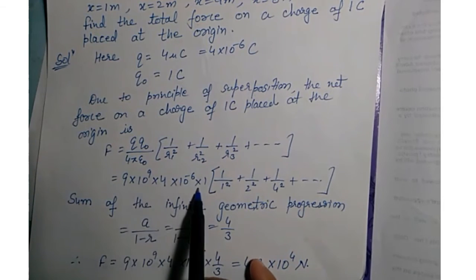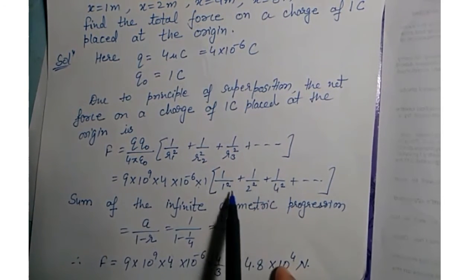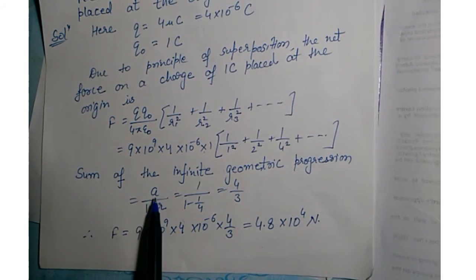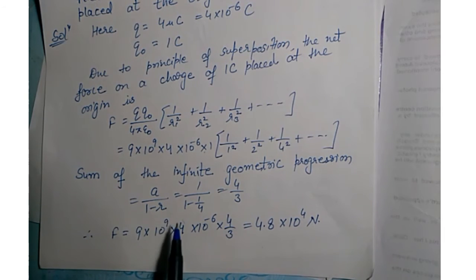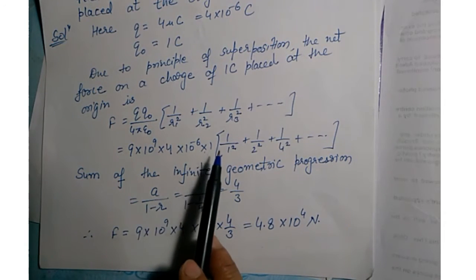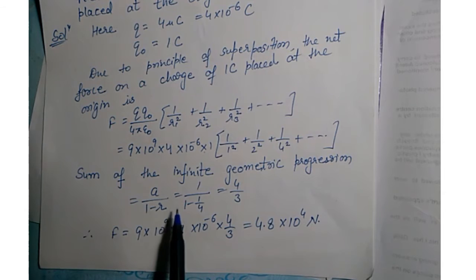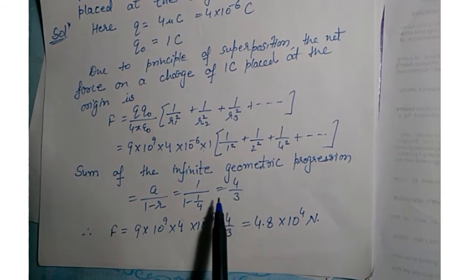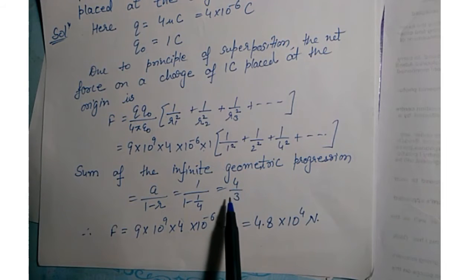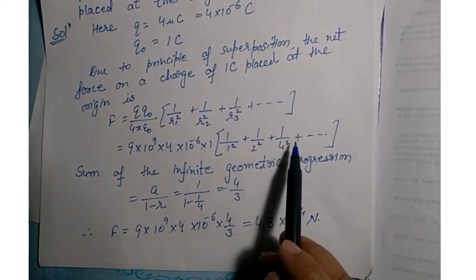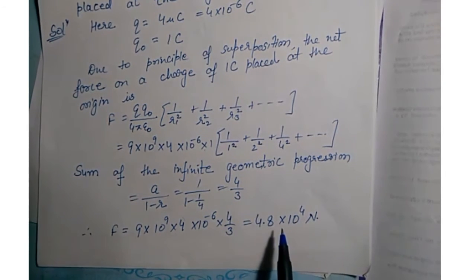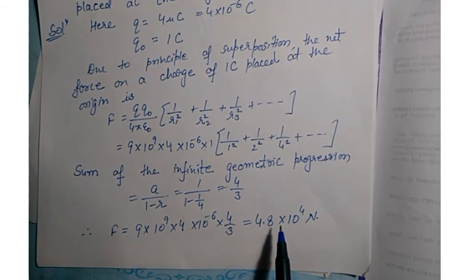So, substituting the values, this is a GP, and you know that the sum of a GP is A upon 1 minus R. A is your first term and R is the common ratio between these. So, this value is 4 by 3 after solving this, and the net resultant force is 4.8 into 10 raised to power 4 Newton.